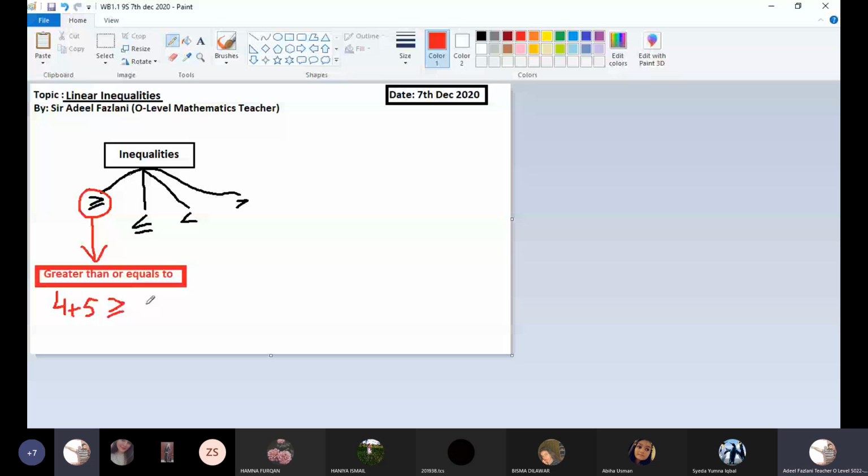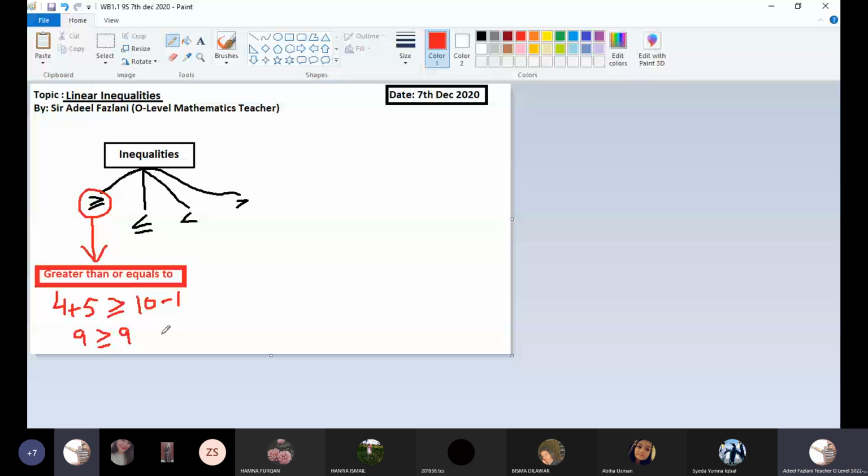All right, so 4 plus 5 is 9, and you're saying 9 is greater than or equals to 9. Is this true or false? True. Why is this true? What is the reason behind it? Sir, because both the numbers on both sides are equal to each other, so that's true.